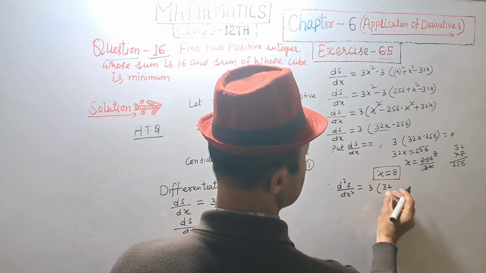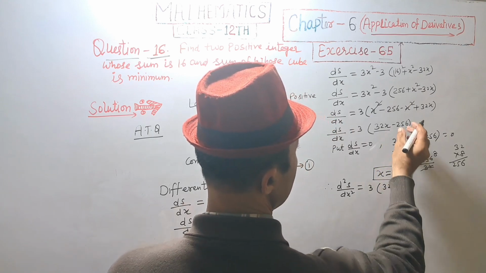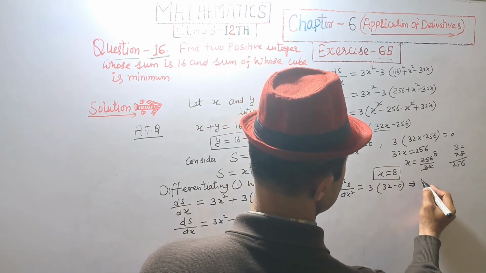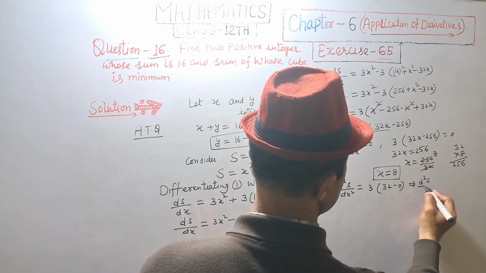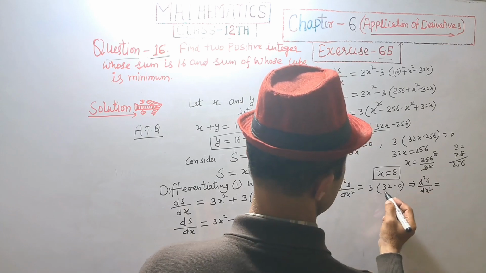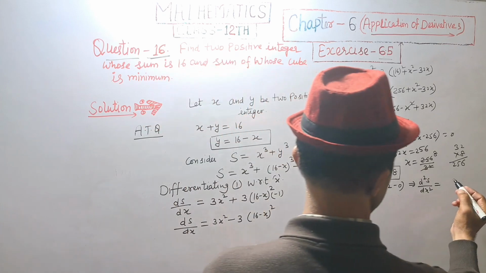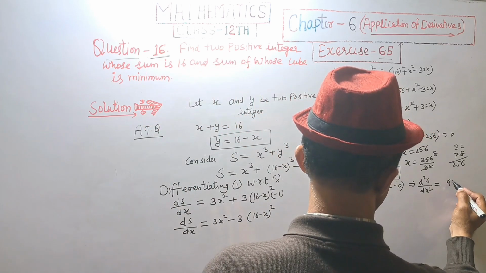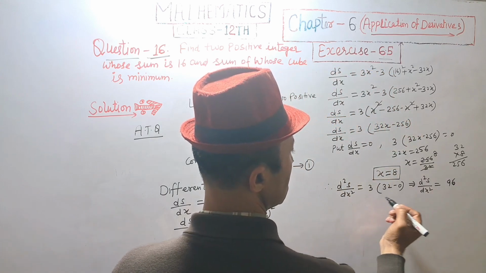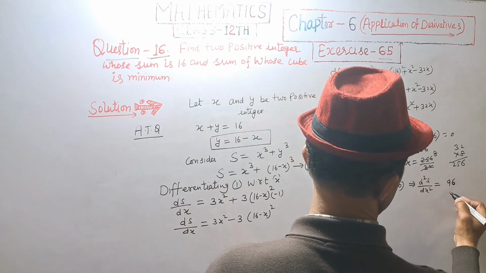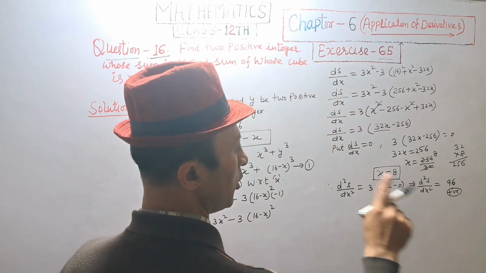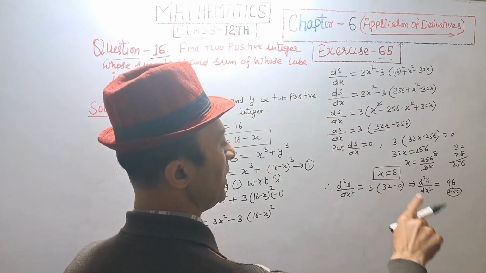Differentiation of 32x is 32 and derivative of constant is 0. This implies d square S upon dx square is equal to 32 times 3, that is 96, which is positive. And if double derivative is positive, then it gives a point of minima.